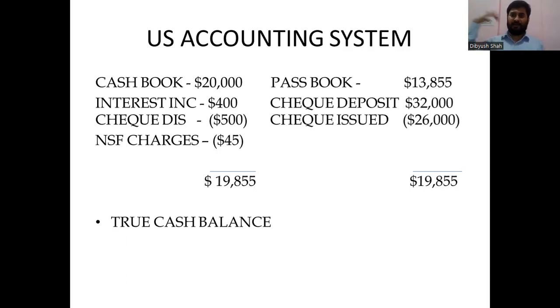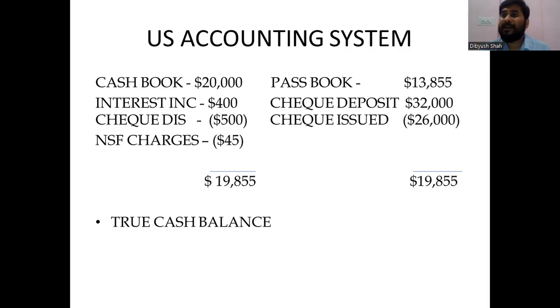Same example, same figures. Interest income was already credited by your bank, but you did not know of it. But now, 5 days later, when you are preparing a BRS, you know it. It got credited, right? You go and make an adjustment.